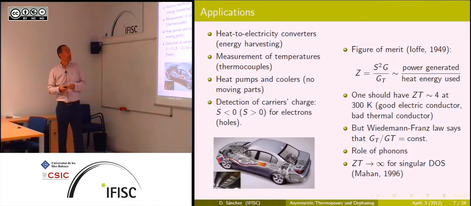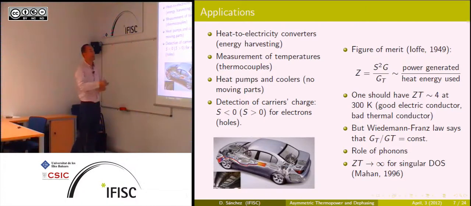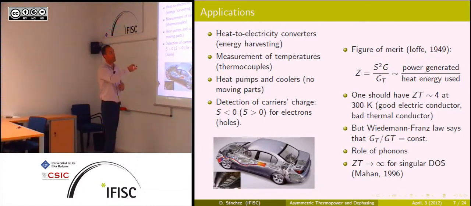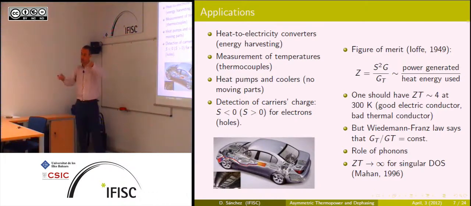And then this is already power. So the motivation for introducing this Z is precisely this ratio: the power generated divided by the heat energy that you are using by applying this temperature gradient.